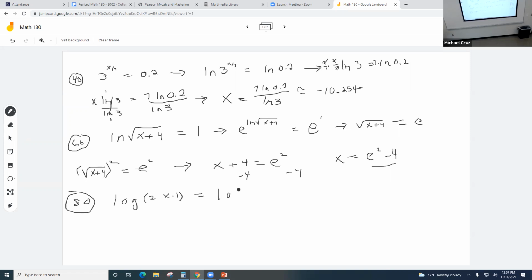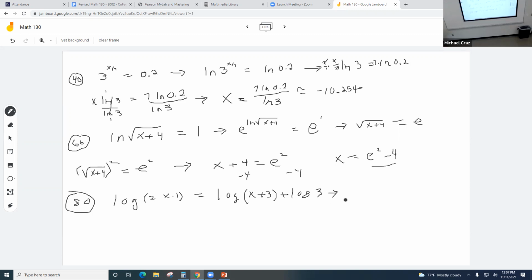This one's going to have to involve putting things together with the, not power rule, the product rule. Okay, we're going to use the product rule on this.